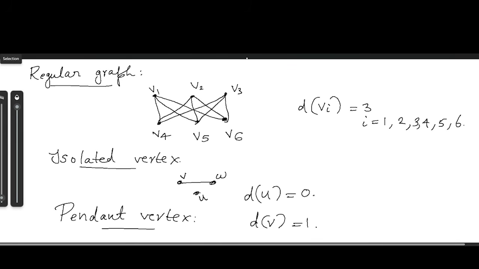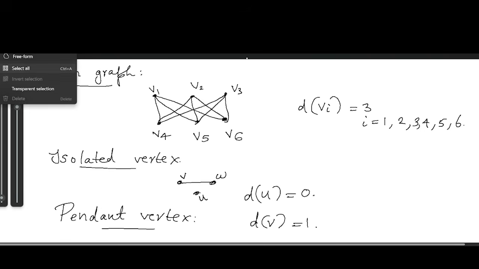Next we have another definition. Two adjacent edges are said to be in series if their common vertex is of degree 2. For that, we can draw one example here. Suppose here is one vertex V2. This is V1. This is V6. This is V5. V3.